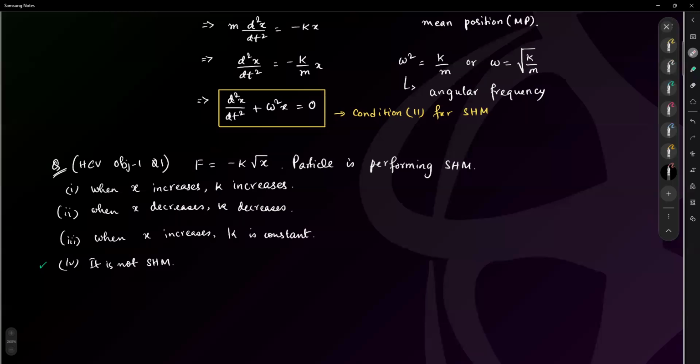So it is not SHM, but in the second equation of this chapter, in the first page of H.C. Verma, it is written clearly that the definition of SHM is F equals to minus kx. So how is this not SHM?